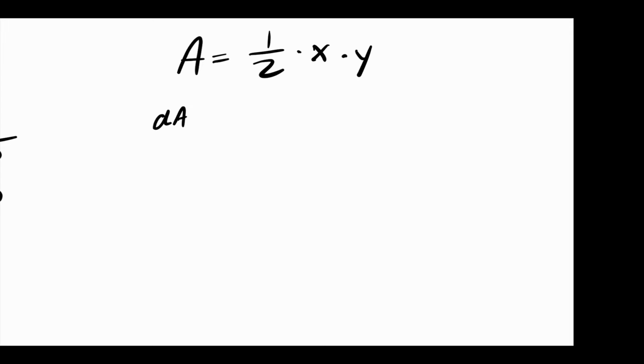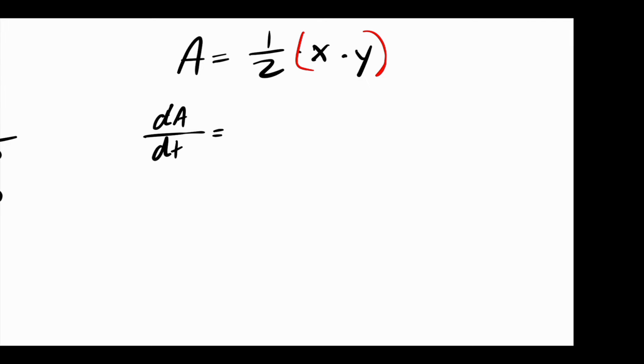Okay. So I got to find the derivative of this guy now. So dA over dt equals, how do I find the derivative of this? What am I going to do to find the derivative of this? Product rule, yeah.